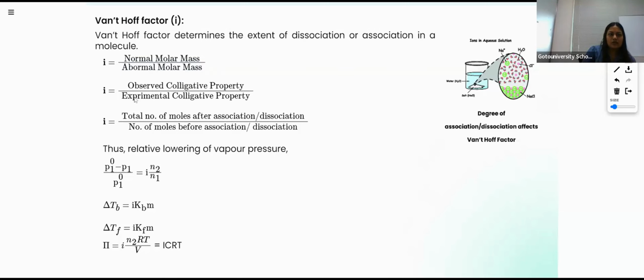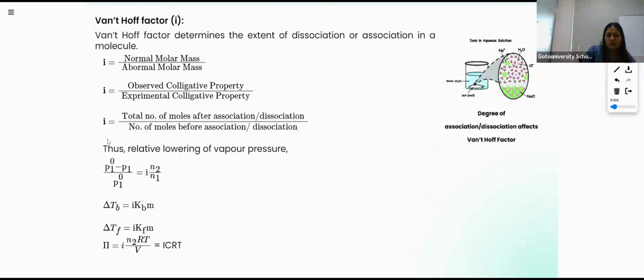We can also term the van 't Hoff factor as the observed colligative property over the experimental colligative property, or we can write it as the total number of moles after association or dissociation, divided by the number of moles before association and dissociation.